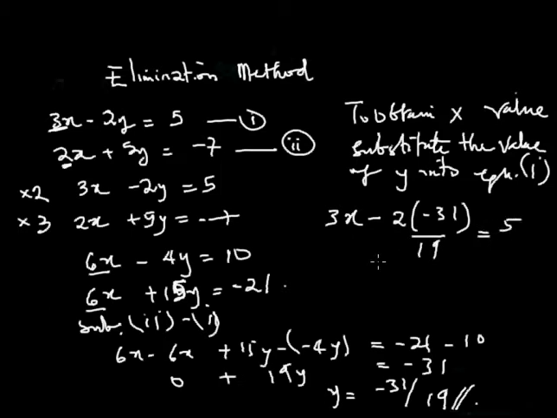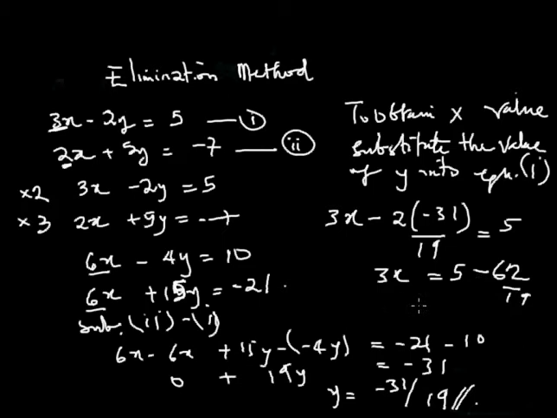And what that means is that we're going to be having 3x is equals to 5. This is going to give us minus 62 over 19.